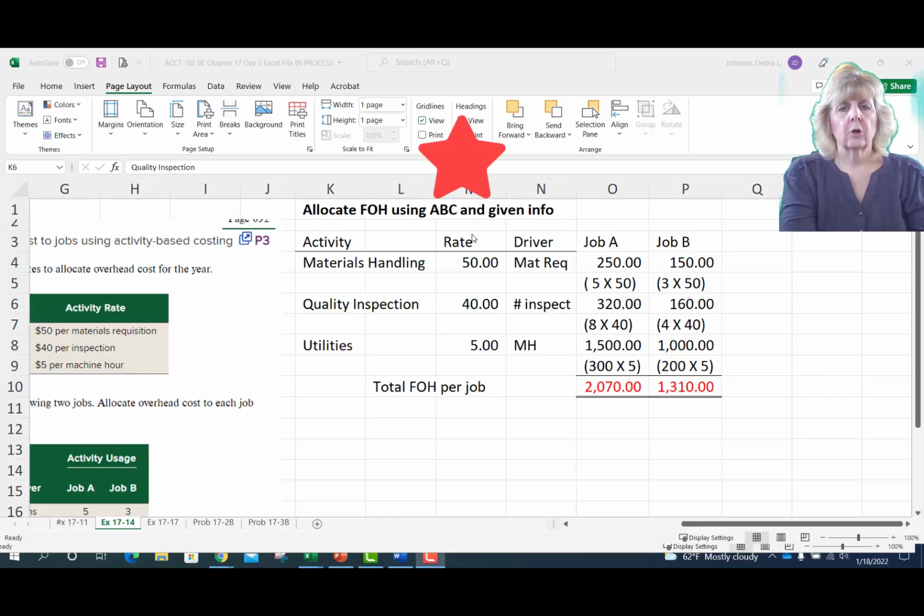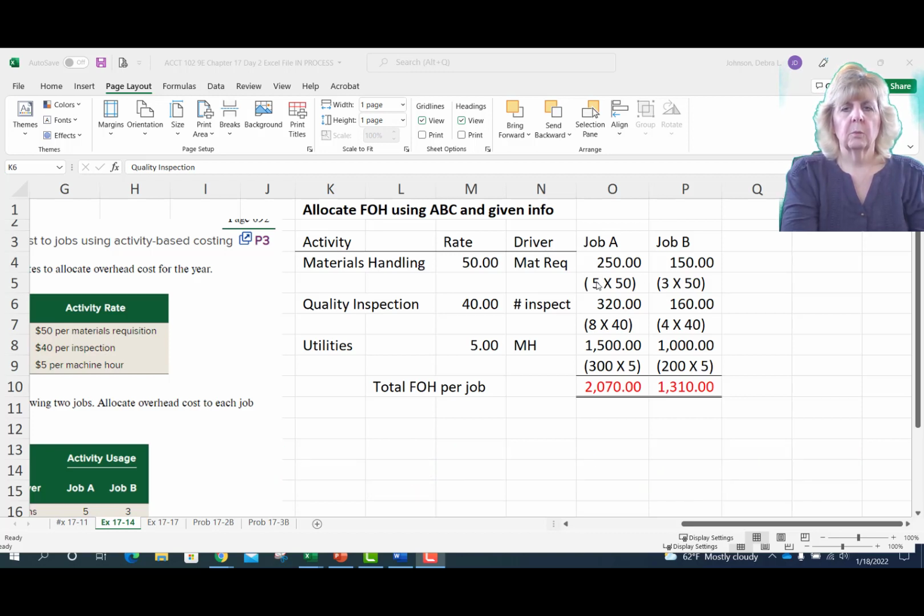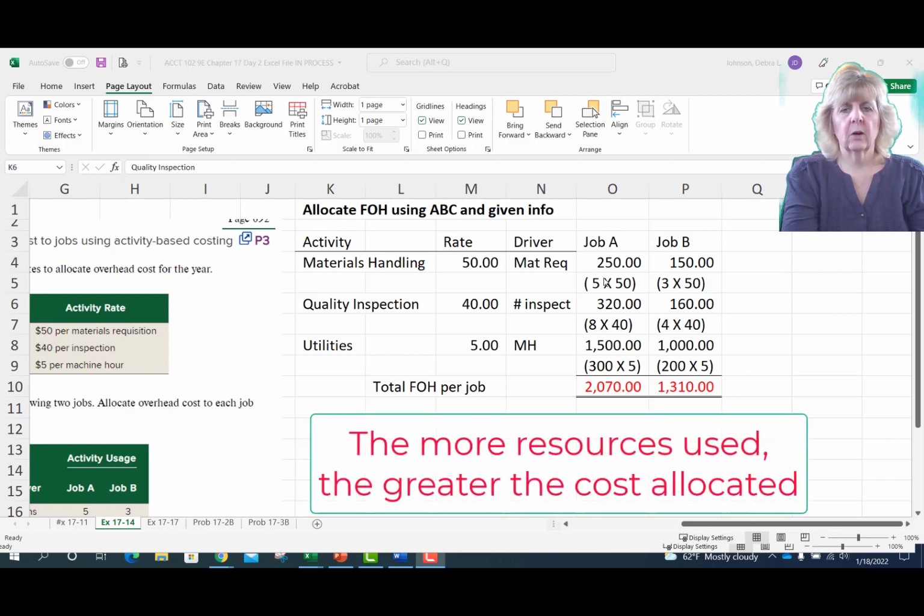The rates are shown in this column. The drivers are shown in the next column over. And all we're doing is taking the resources utilized times the rate that was given. So job A used more requisitions than job B used. So it's only fair under activity-based costing that job A gets more of the cost.